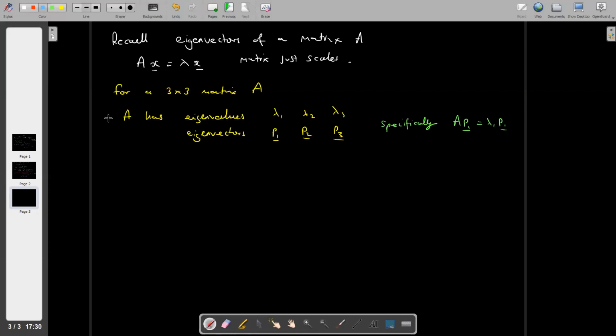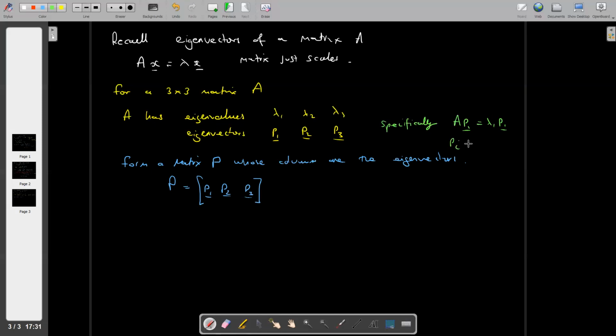Okay, let's now form a matrix, capital P, whose columns are the eigenvectors. And all will become clear as to why I'm going to do that. So specifically, capital P is going to be P1, P2, P3. And here I've already said these Pi are eigenvectors. Okay.